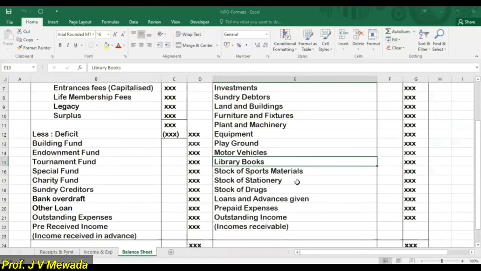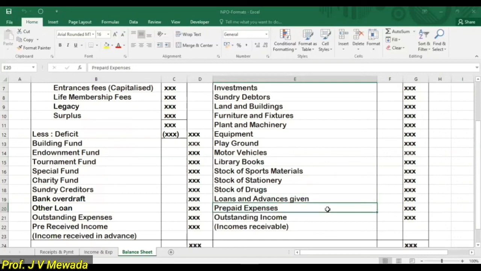Then we are having the stock of sports material, stock of stationery, and stock of drugs. So this is the closing stock of all this sports material, stationery and drugs that we have to show in the closing balance sheet at the end of the year. Then any loans and advances given by the NPO are to be shown on the asset side.